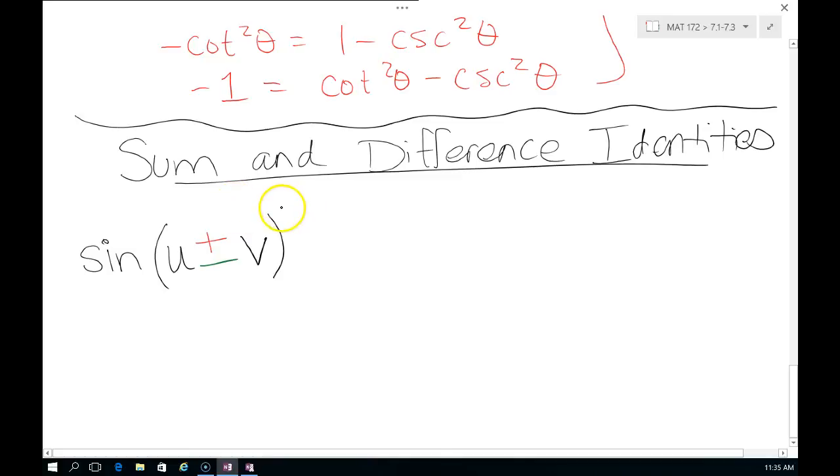If there was a square root around it, you would not be allowed to distribute. If there was a natural log in front, you would not be allowed to distribute. Trig functions are the exact same way. You are not allowed to distribute the sine function and do the sine of each of those angles individually. You would not get the answer that they're looking for. So there is a formula for how we would evaluate the sine of the sum or difference of two angles.